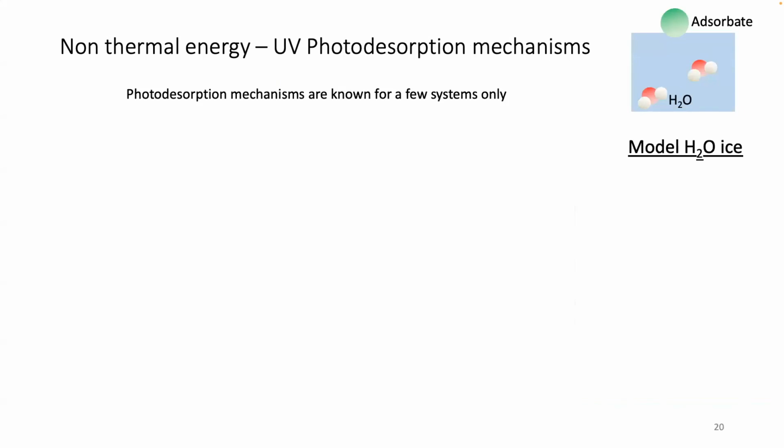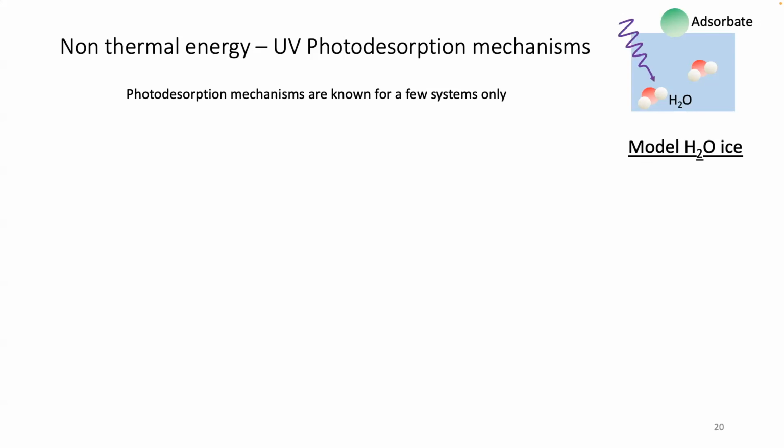So I just show here an example. The problem is that the desorption mechanisms are known for just very, very few systems. And here we could unravel the desorption mechanisms for a model ice, in which there is water and an adsorbate above.